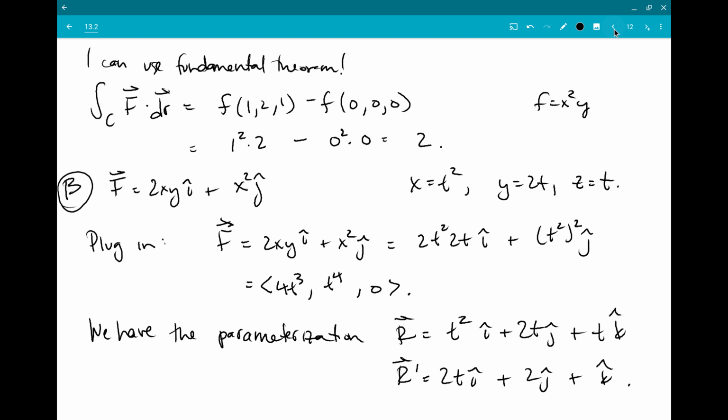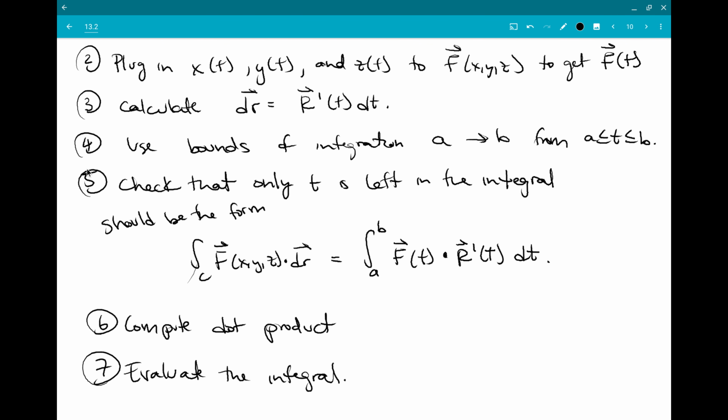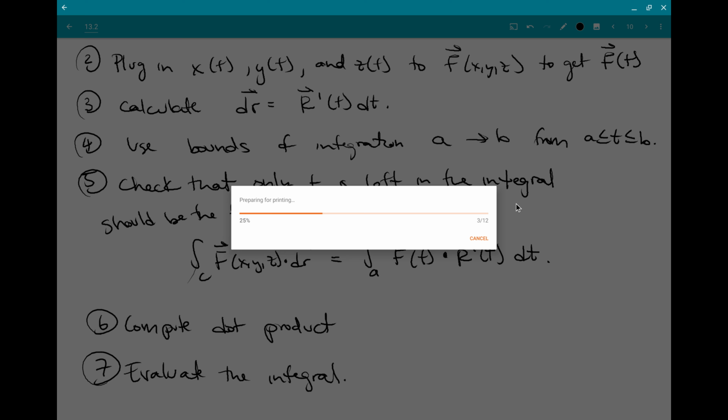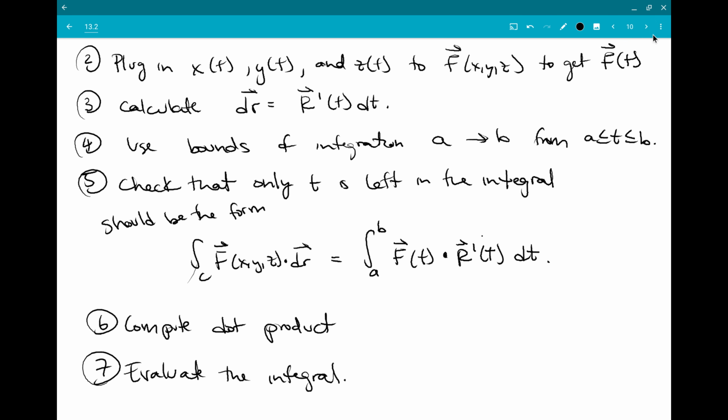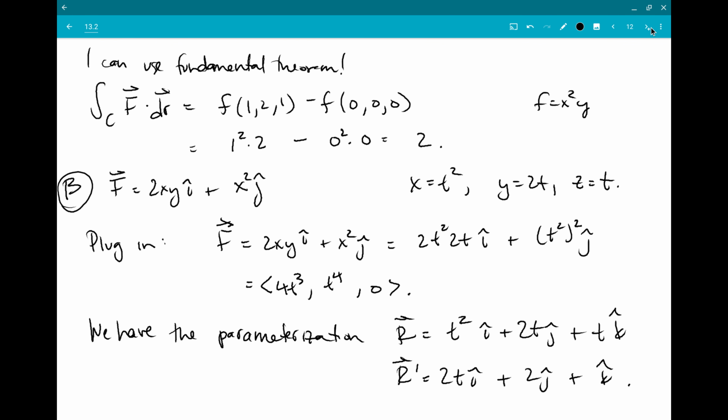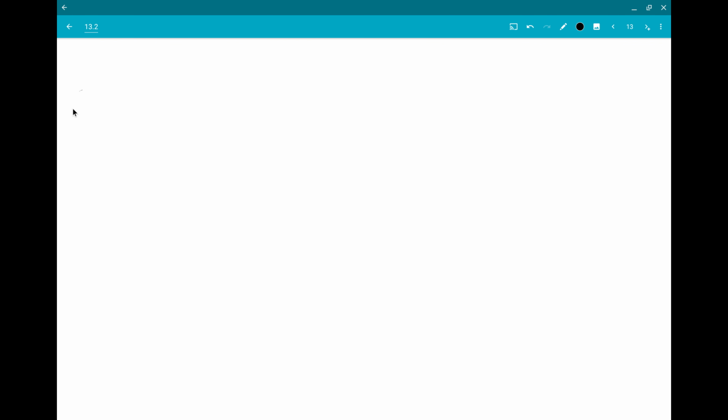And so plugging into this formula, the integral of f dot dr becomes the integral of f dot r prime. We haven't talked about the bounds yet, so I'll leave that alone.